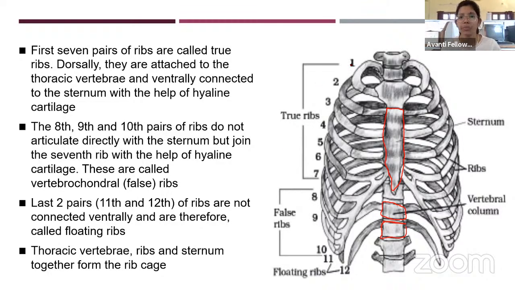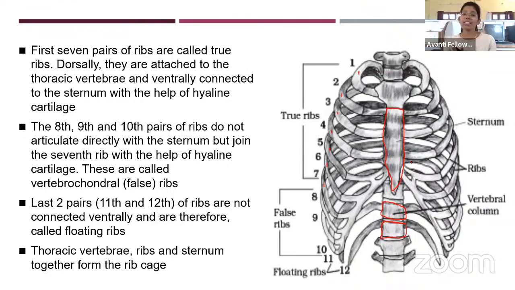Out of these 12 ribs, the first 7 ribs. Count it. Let me write 1, 2, 3, 4, 5, 6, 7. All these 7 are directly coming from the backside and attaching to the chest bone or the sternum.